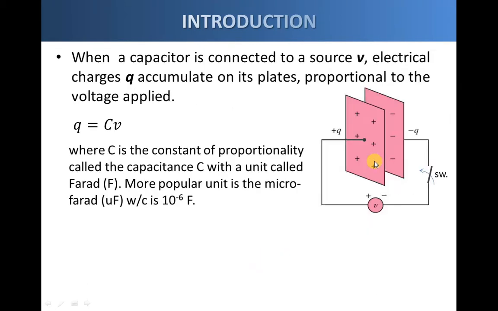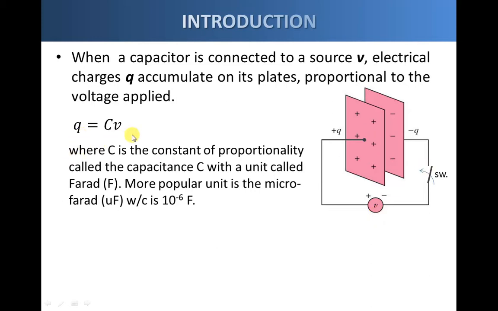Now, when we connect a capacitor to a voltage source, so we connect the plates to the source, what happens is that charges accumulate on the plates. That is proportional to the voltage that is being applied to the plates.